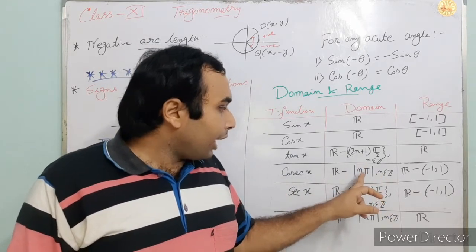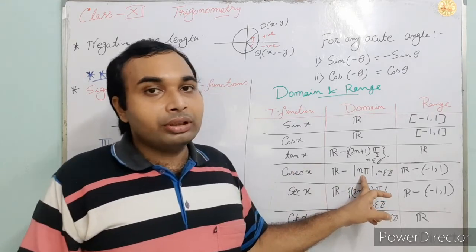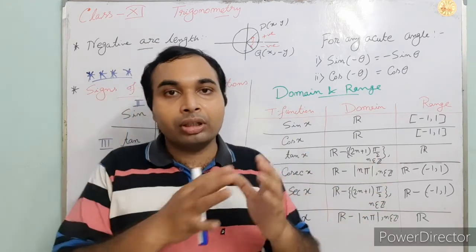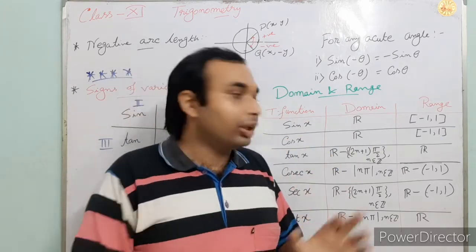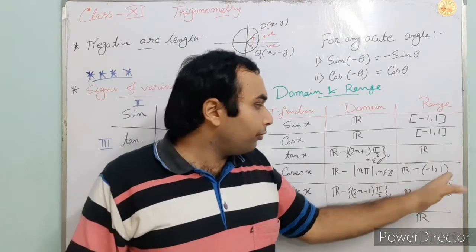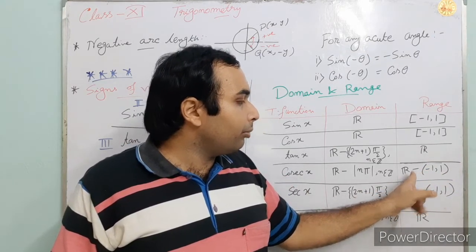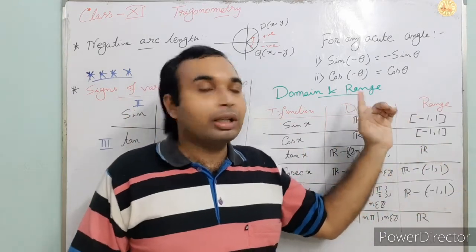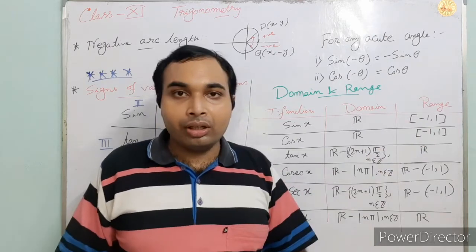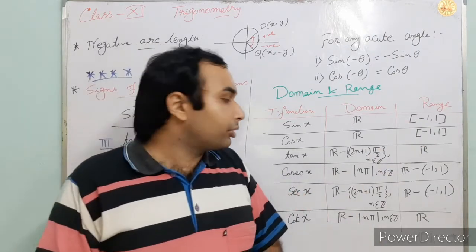So in the domain of cosec we have to subtract n pi. The forms of n pi we will not take in the domain, and the range will obviously be all the real numbers except the interval minus 1 to 1, which we got for sine. Okay, because it is the reverse of the sine, so we will not get that one.